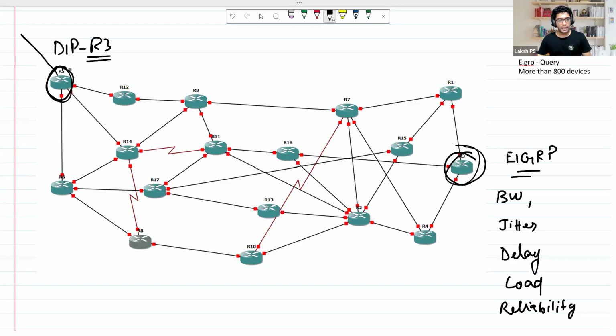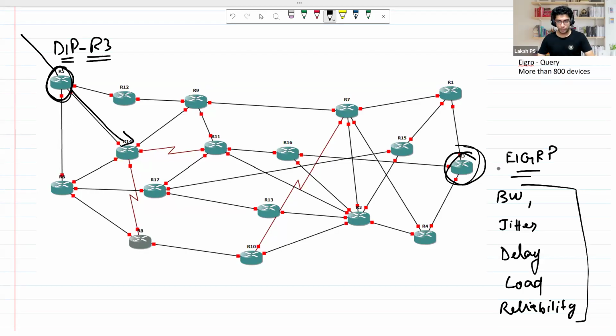So R5 will find out the destination IP and will use all these parameters to find the next best router. R5 is going to find out if R12 is the best router to reach R3, or is it R14, or is it R6. Let's say it assumed R14 is the best router, so it will forward the data to R14.